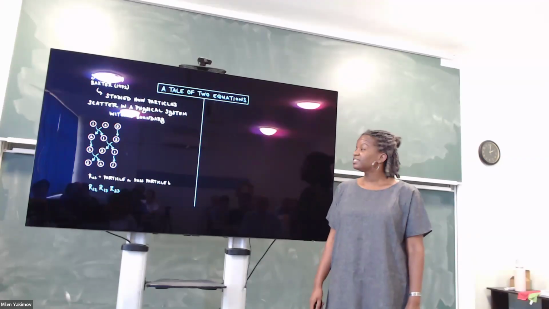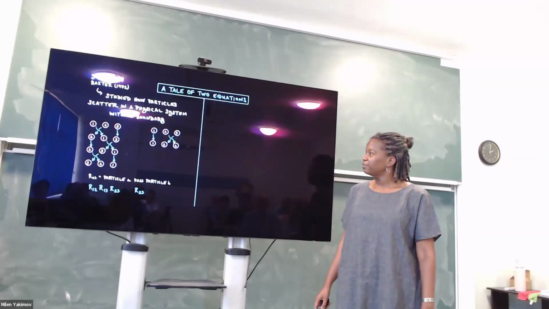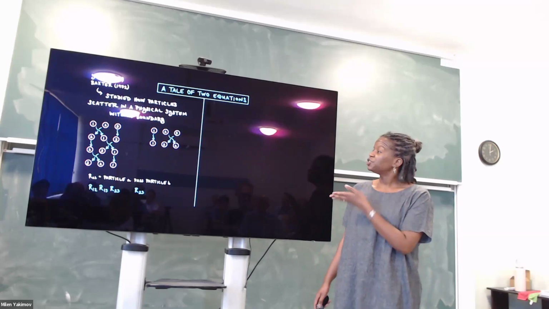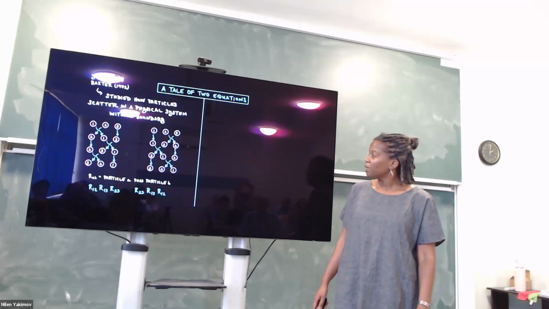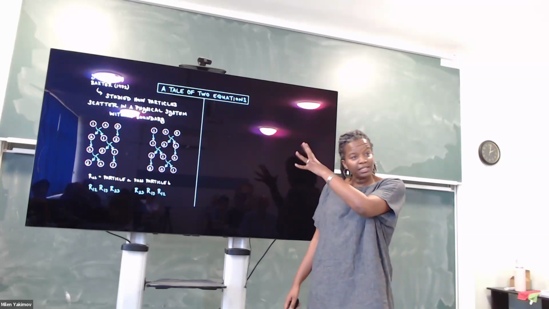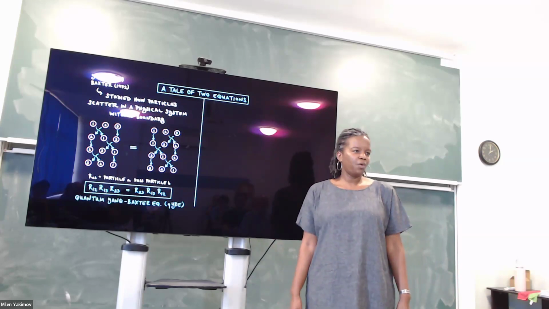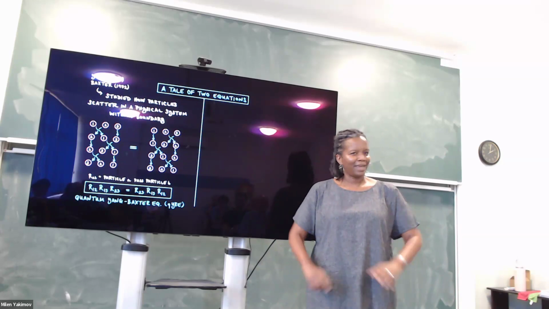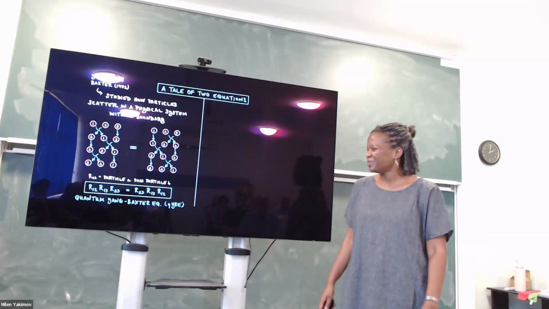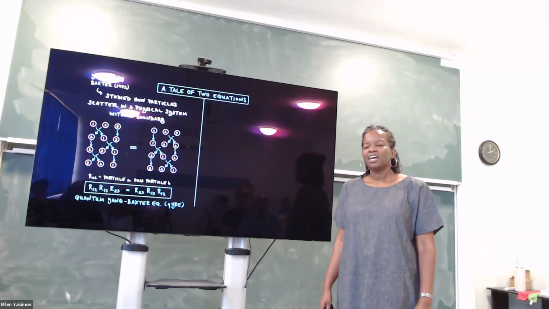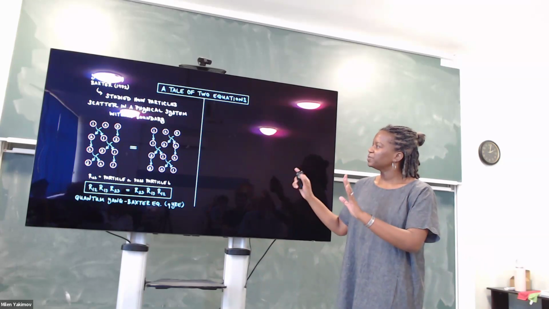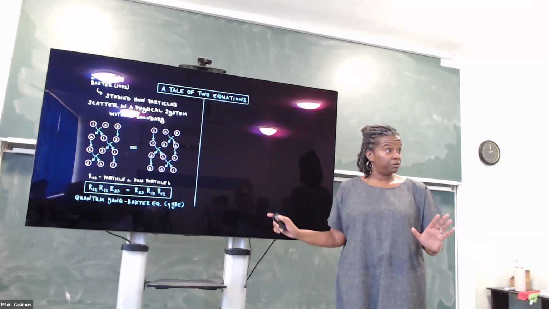And what they noticed is that this is the same thing as taking the same configuration and first passing 2 by 3 and then 1 by 3 and then 1 by 2. And this equality of scattering patterns is represented by what's called the quantum Yang-Baxter equation, which I think everybody's familiar with here. So that is scattering of particles in a system without any boundary.